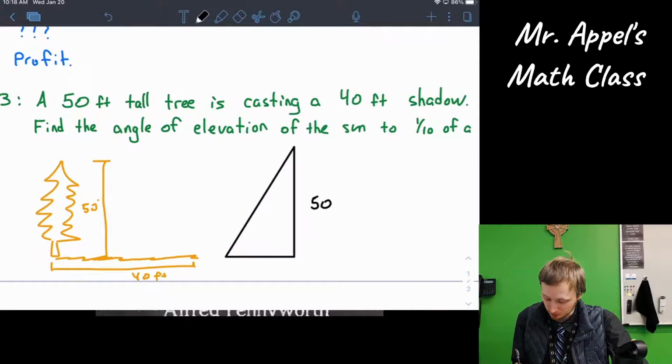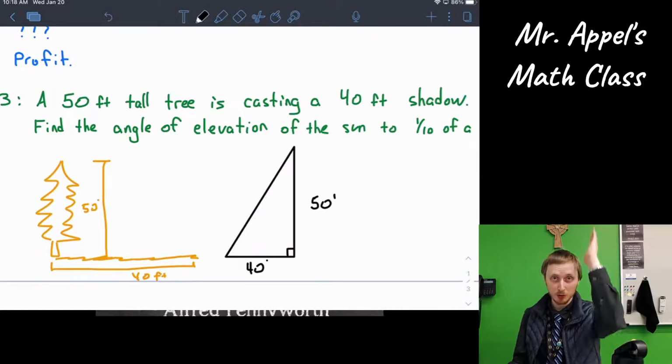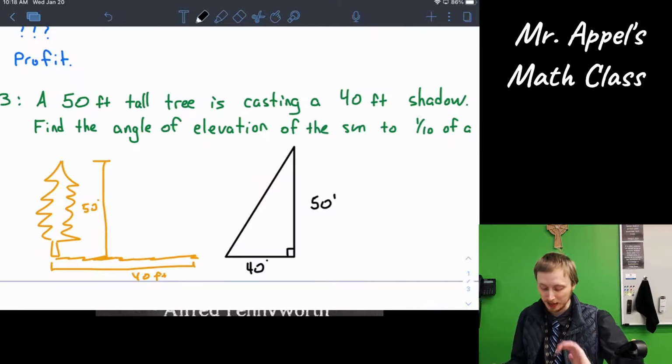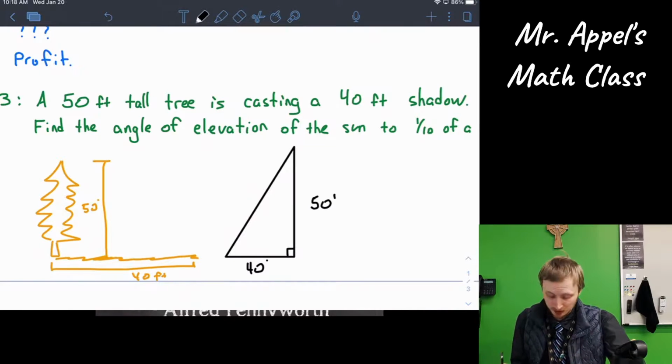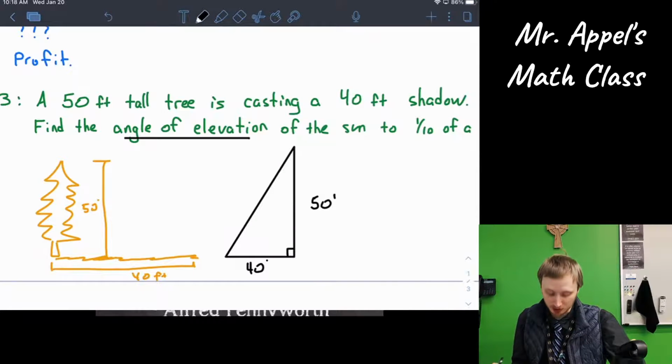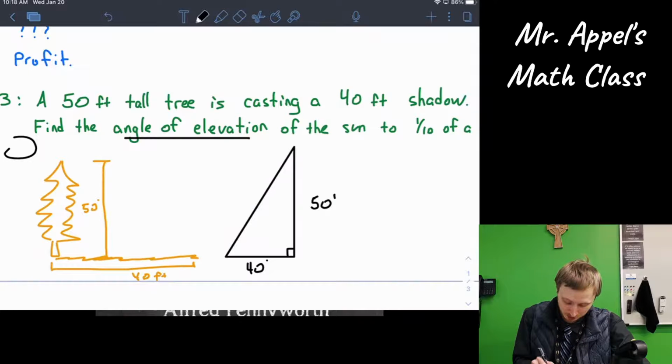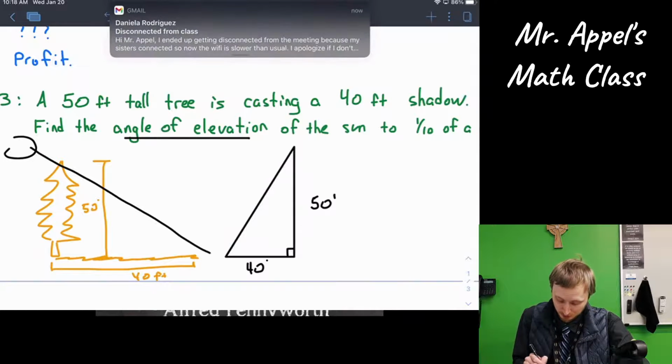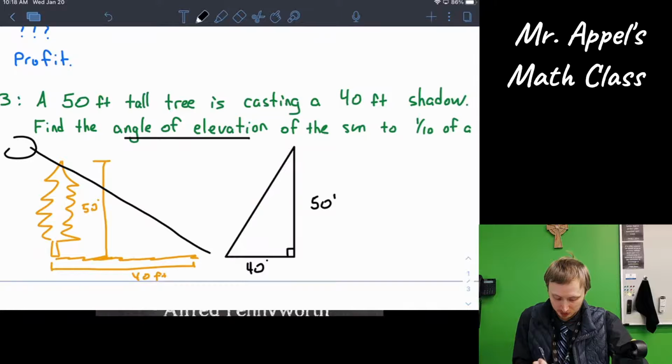Doesn't matter. 50 there, 40 here. The tree is growing perpendicularly, so it's at a right angle. It's a right triangle. Find the angle of elevation of the sun, right? Because it's the sun up here, shining down, that creates the shadow in the first place.